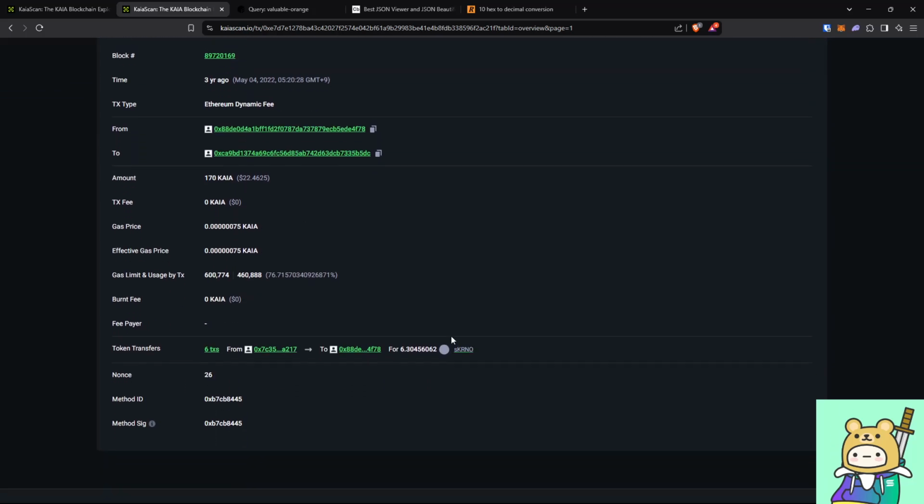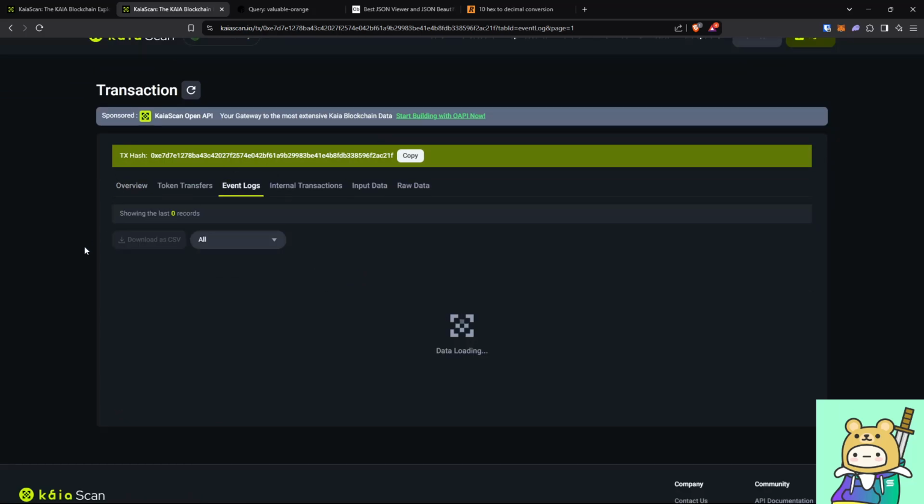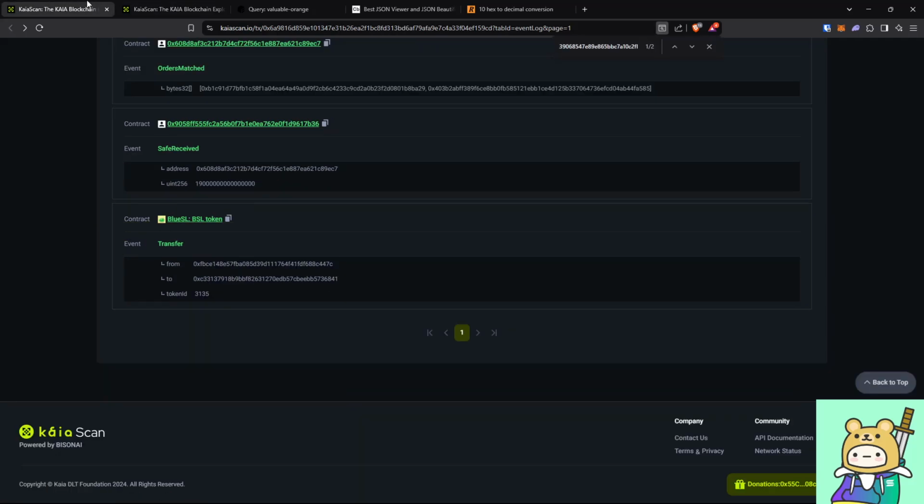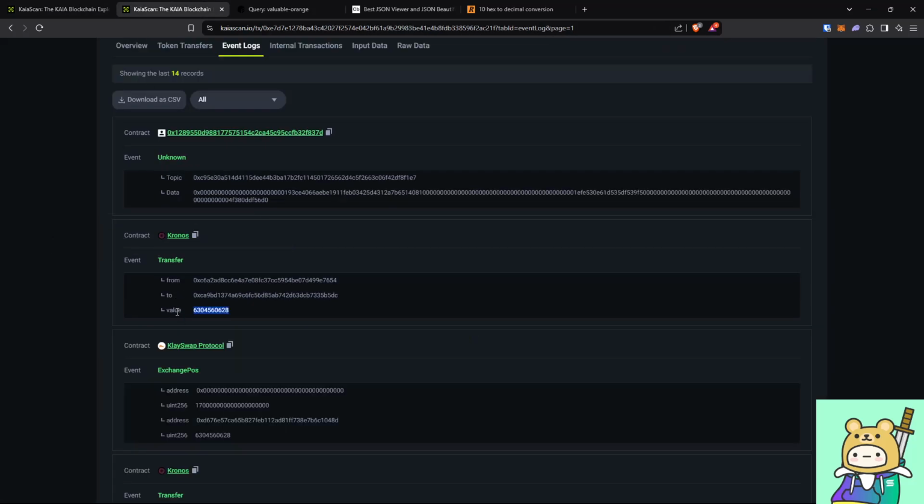So this is a token transfer, and event logs would have a value, from, to. Oh no, okay, so transfer events all appear in topics, right? And then token ID is in the data field.